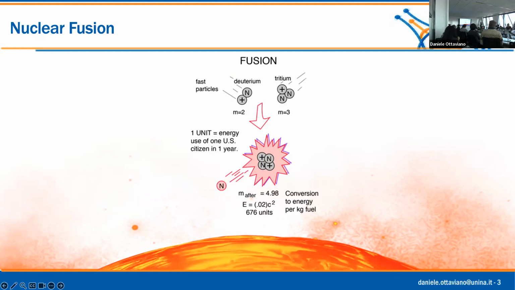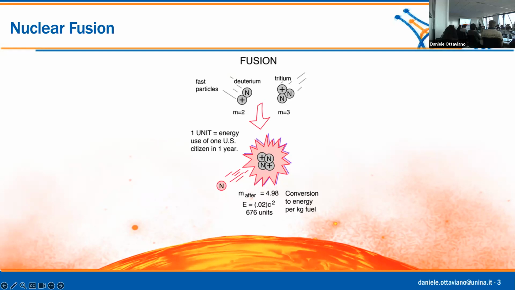The union of deuterium and tritium forms another nucleus, helium, and during this process we lose 0.02 of their mass. Of course, this mass is not really lost, but is converted to energy using Einstein's law.